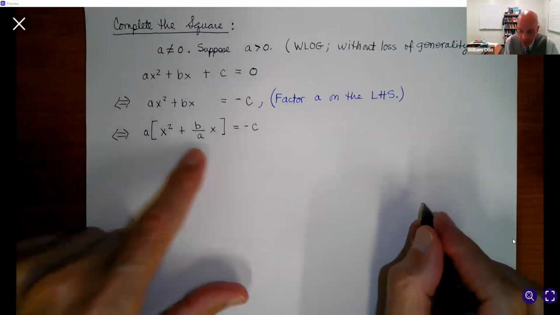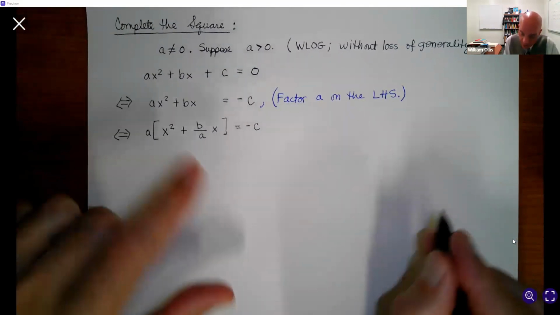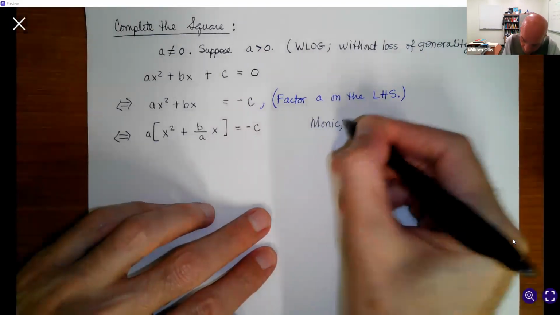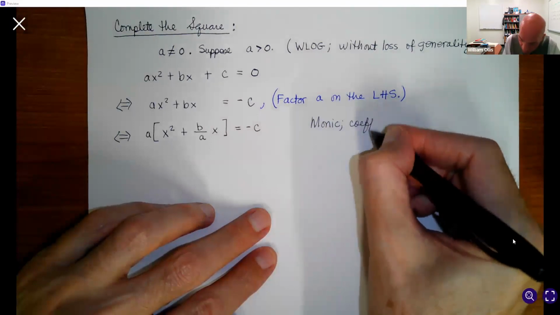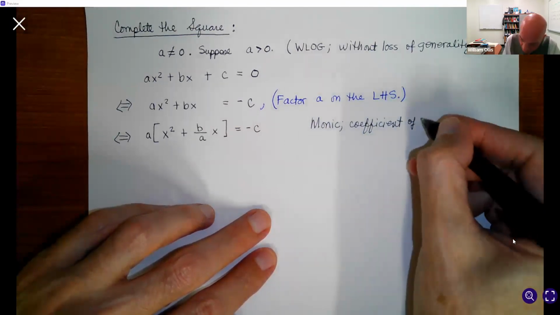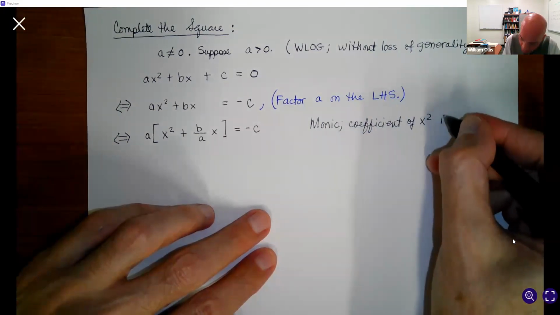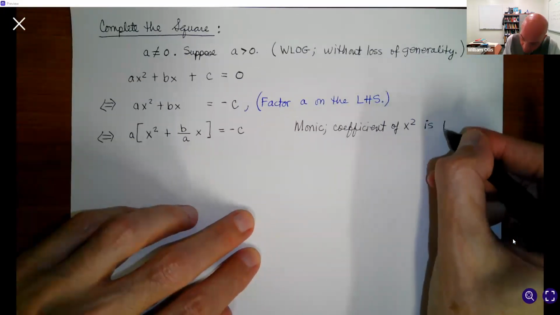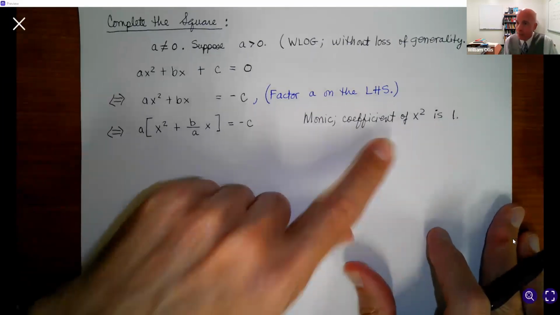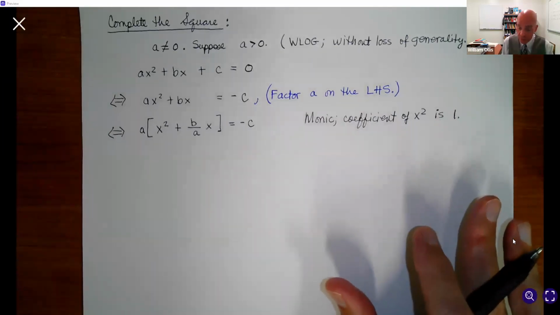So now, notice this is monic. So we say monic coefficient of x squared is 1. Monic means precisely what I've written here, and that's very important.